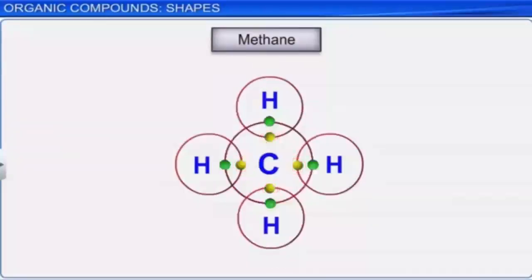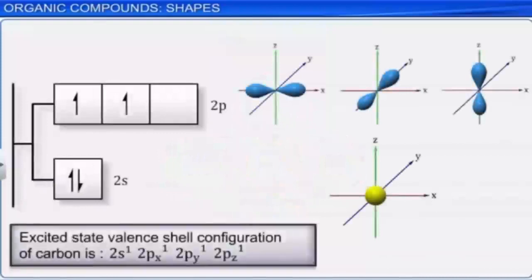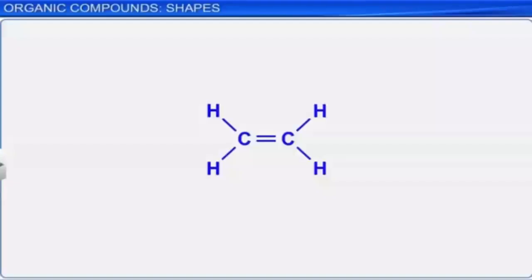The formation of molecules and their shapes can be explained by considering the hybridization of s and p orbitals respectively. Now, let's look at how hybridization explains the shape of the ethene molecule, that is, C2H4.